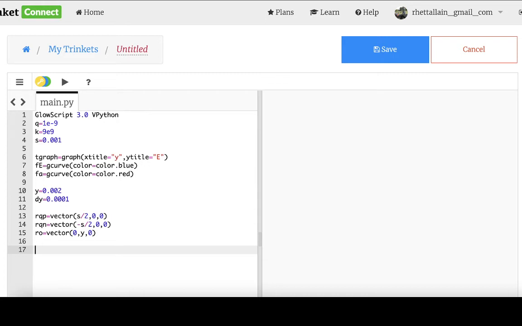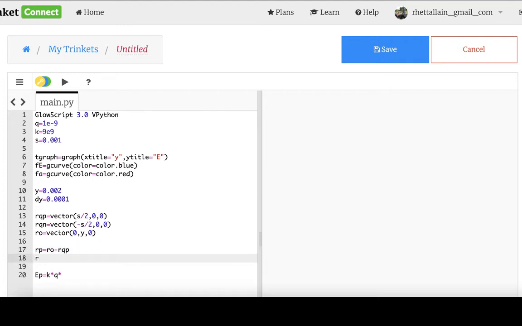Okay, so now the first thing I'm going to do is calculate E plus. It's going to be equal to K times Q times, let's write this out the same. Oh, I need to find RP. RP is the vector from the positive to the observation location, so it's going to be RO minus RQP.